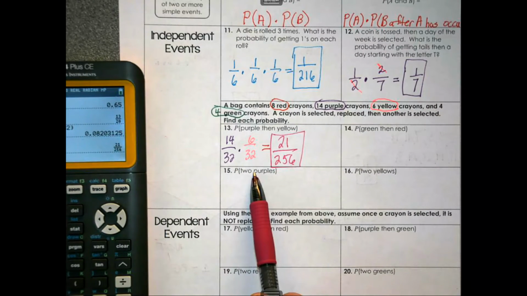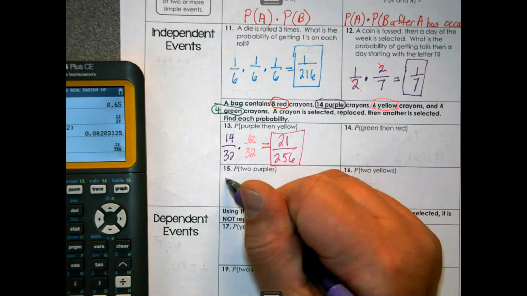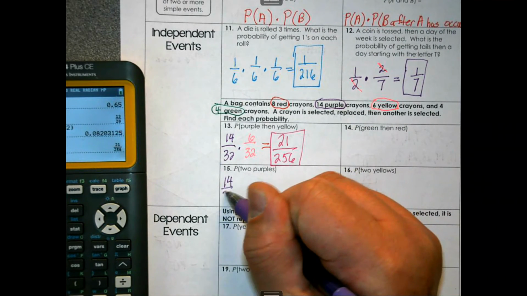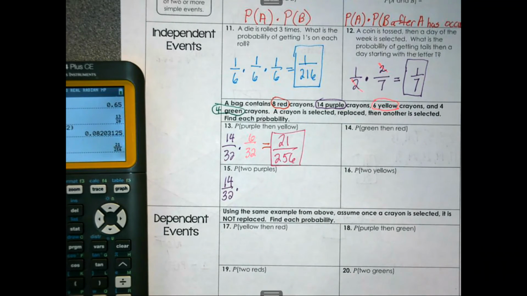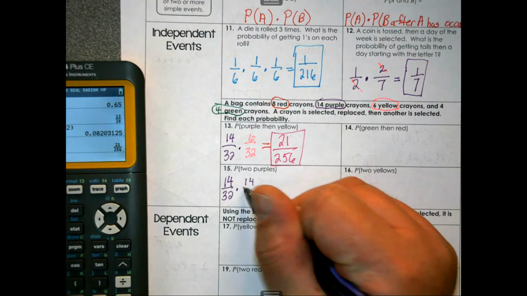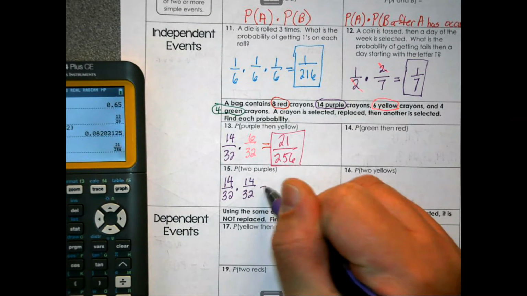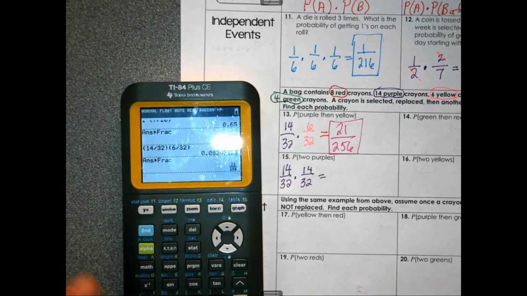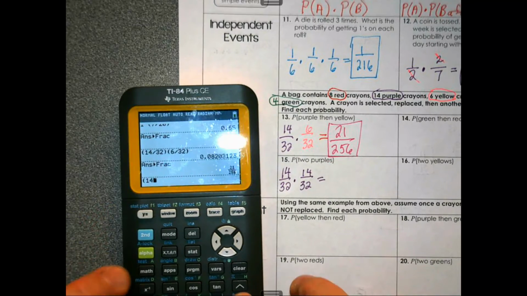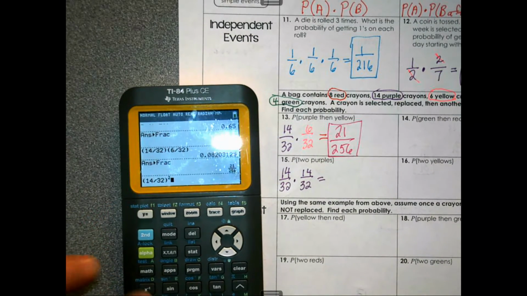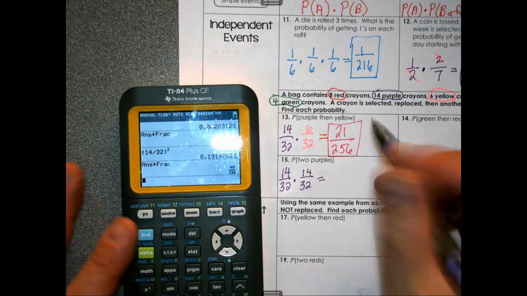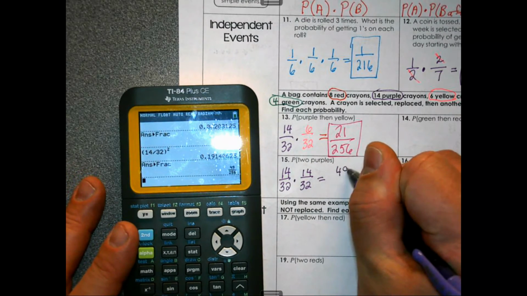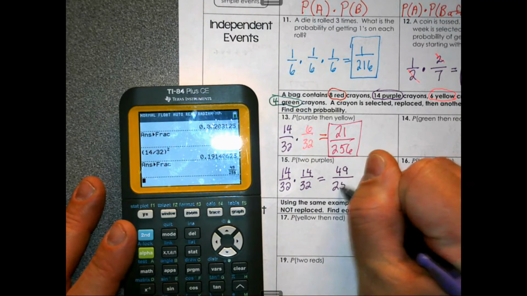The probability of two purples. See, 14 out of 32 times 14 out of 32, because we're throwing it back in there, right? So I have 14 divided by 32 squared. Math, enter. 49/256.